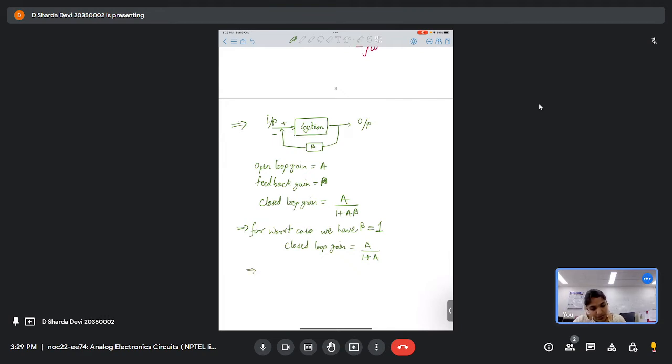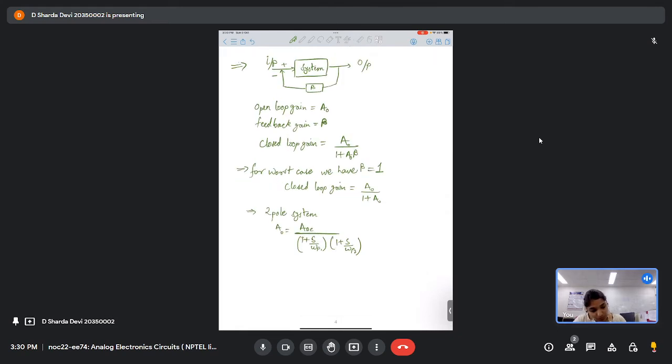Now in case of a two-pole system, let's say open loop gain A naught. For an open loop two-pole system, our open loop gain becomes DC gain divided by 1 plus s by omega P1, times 1 plus s by omega P2.